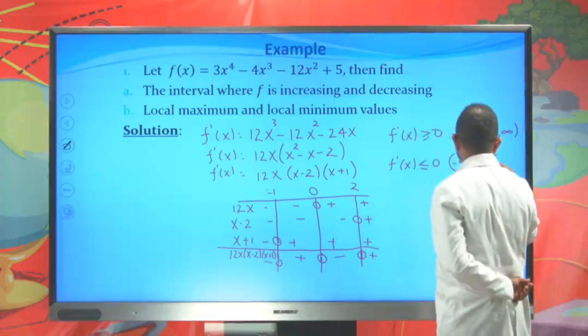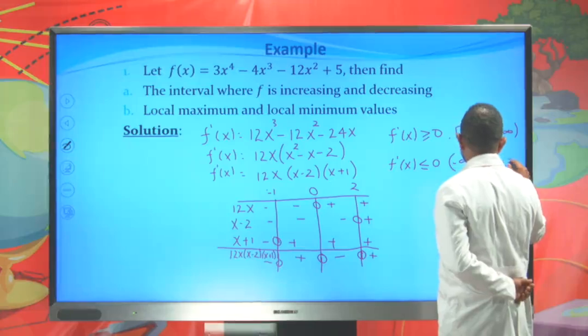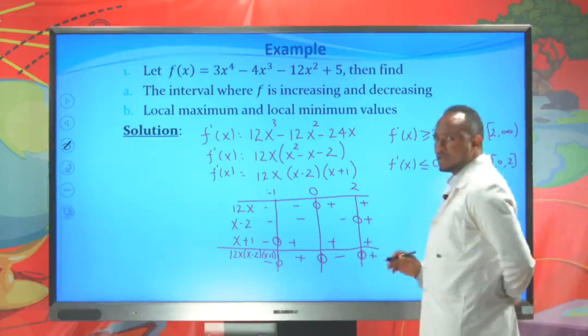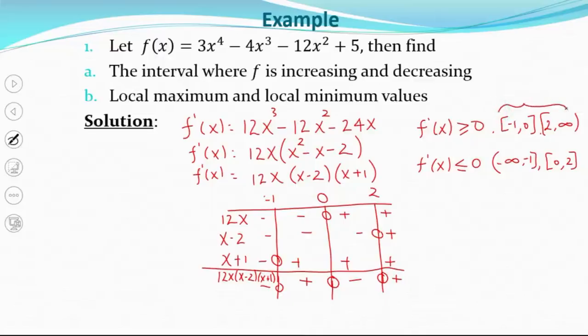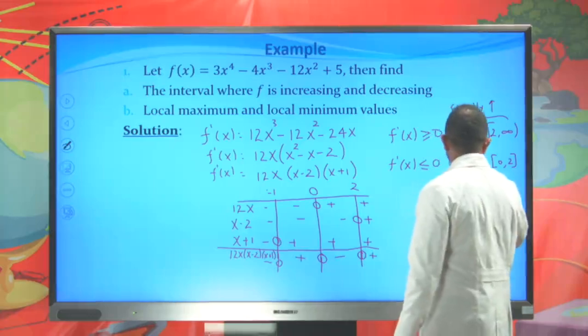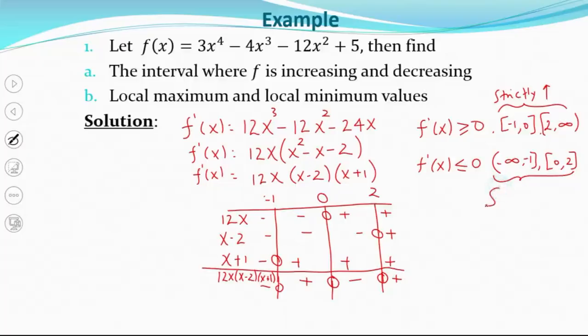Therefore, our function is strictly increasing on this interval because the derivative is greater than or equal to 0. Since the derivative of this function is 0 at only a finite number of points, we can say strictly increasing. And on this interval, the function is strictly decreasing.